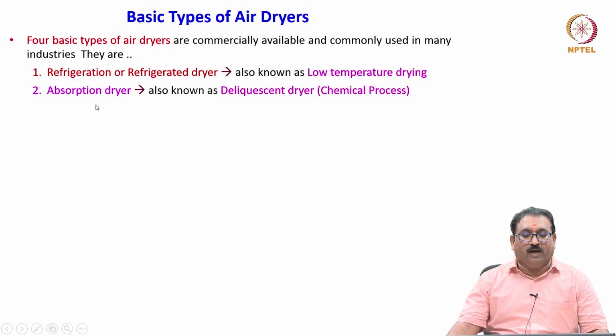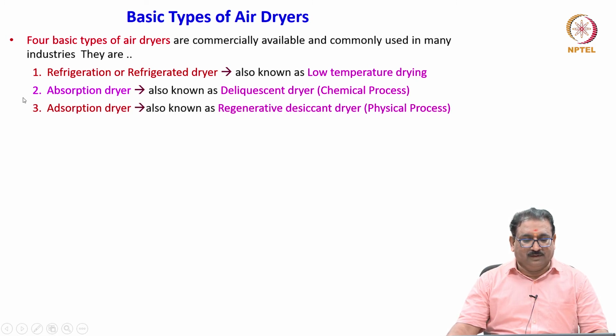Second one is the absorption dryer, also known as the deliquescent dryer. It is a chemical process. Third one is the adsorption dryer, also known as the regenerative desiccant dryer, which is a physical process of removing the water.